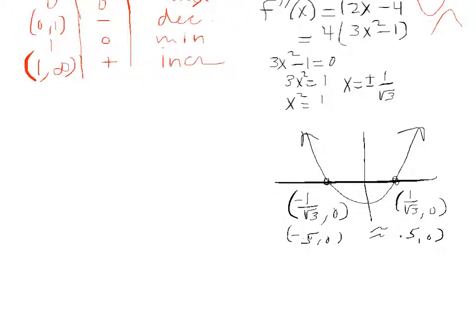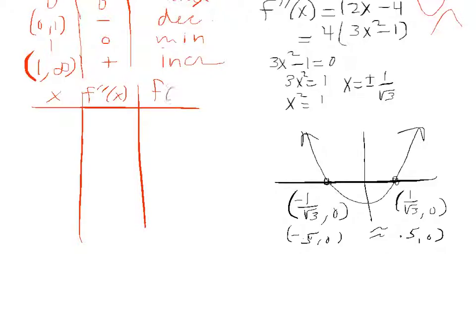So I'm going to do it again, except this time I'm going to look at the second derivative and what that tells me about the function. From negative infinity until negative 1 over root 3, my second derivative is positive, which means my function is concave up.